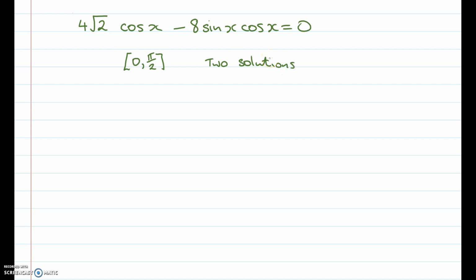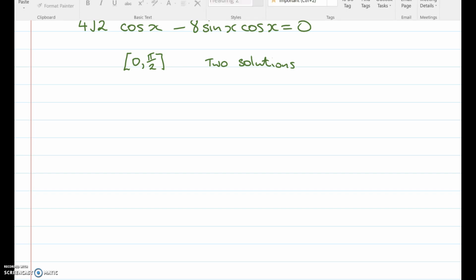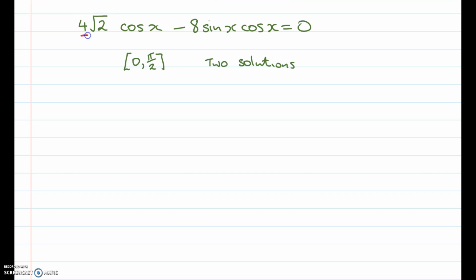Okay, so the way I would look at this is to try and factor something out of the top line. I can take a 4 and an 8, so a 4 will be the GCF there, and I can take cosine x out of both of them as well. So the GCF here would be 4 cosine x.